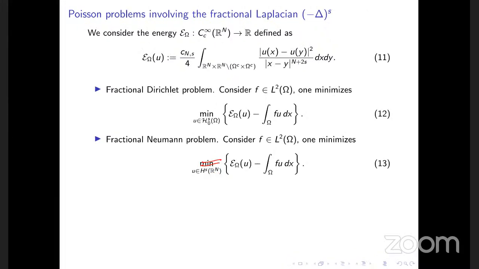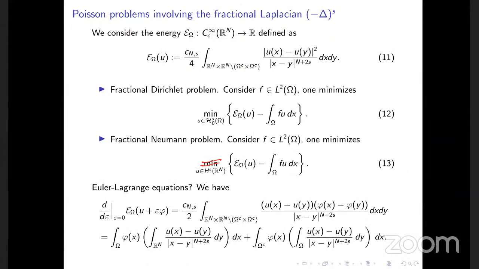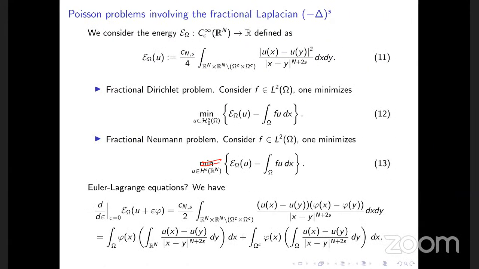But let us just look at the Euler-Lagrange equation, so the first derivative of the energy that we are considering. If you look at this energy, then we simply see two terms that come out.